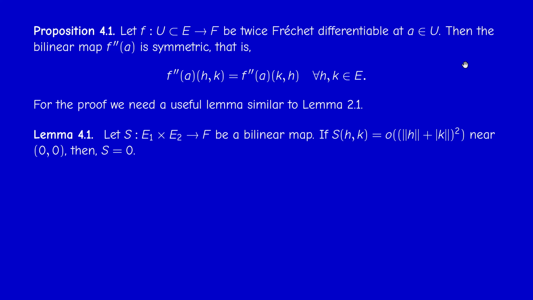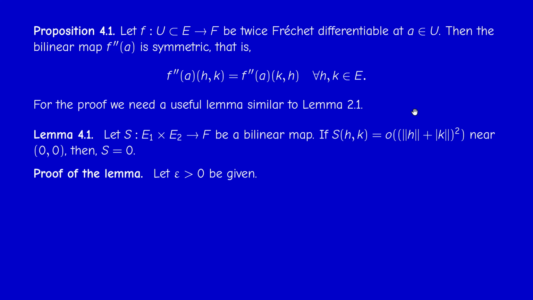So if the bilinear map is a small o of the square of the norm of H plus the norm of K, then S near zero, of course, then S vanishes identically. Now, of course, instead of norm of H plus norm of K, you can write the maximum, and of course you can replace it by norm of H squared plus norm of K squared if you like. And this is a norm here.